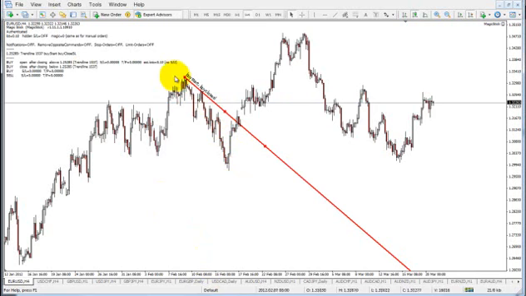What we're looking for in this trend line was the close of the candle above this line, and then a reclose below this line to exit me out of the trade. So if it reclosed below this line, I would end up with a small loss.